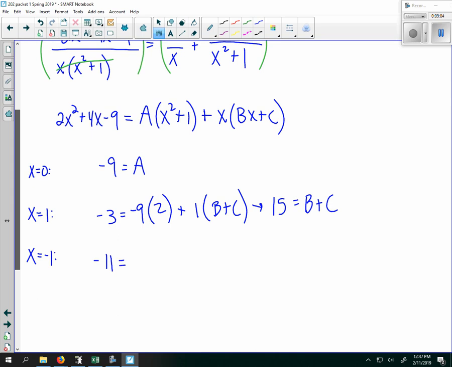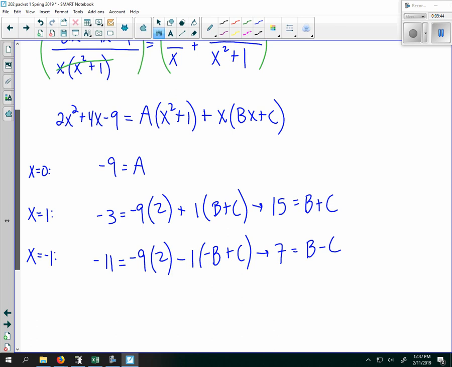And the value of A is negative 9, times (negative 1 squared is 1, plus 1 is 2), and then I have negative 1 times B, which is negative B, plus C. I simplify this a little bit, negative 18, and I get 7 equals B minus C.